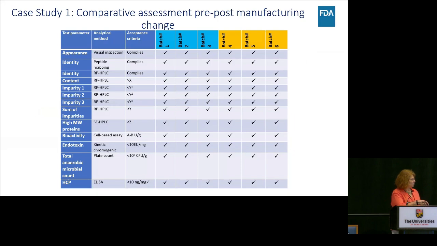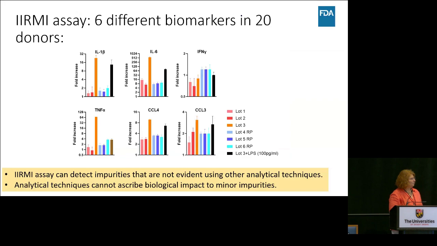This is your usual very nice characterization of a product, and you have 3 lots that you're comparing with another 3 lots, and everything's passed and everything looks gorgeous. But then when they go back and do the RMI assay, all of a sudden you see that there are some differences. In this case, it was a manufacturing change. The old lots are in blue and they're fairly consistent.